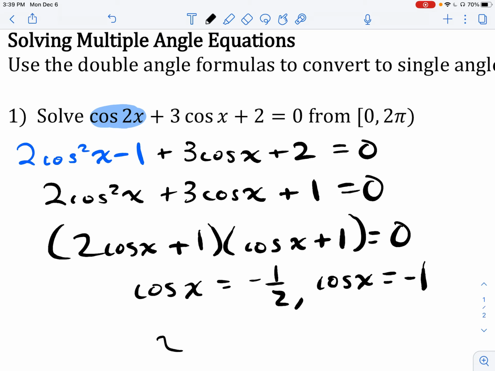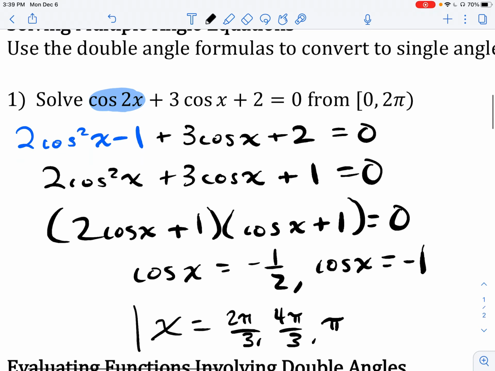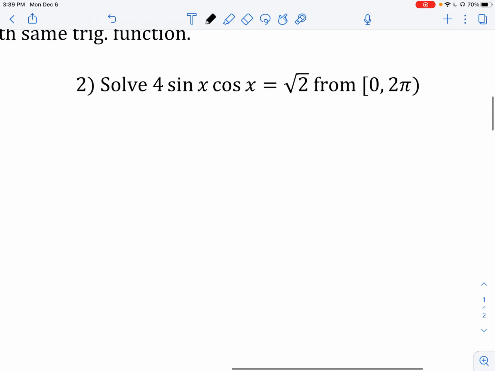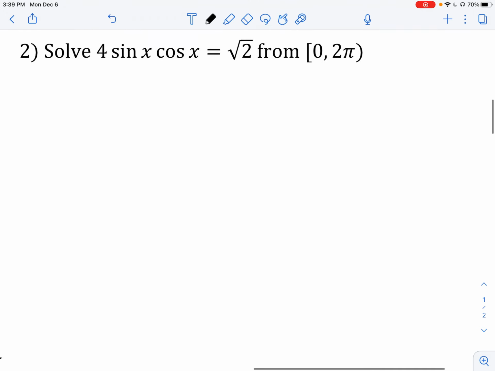Now we're just going to finish solving by figuring out which angles result in negative 1/2 when we take the cosine of them. So we've got 2 pi over 3, 4 pi over 3, and pi as well. Let's go ahead and box those, and we're good to go. Go ahead and pause the video and see if you can work through this problem now.